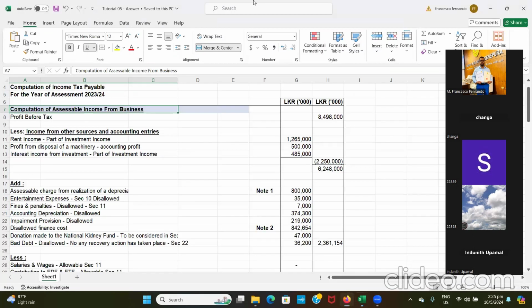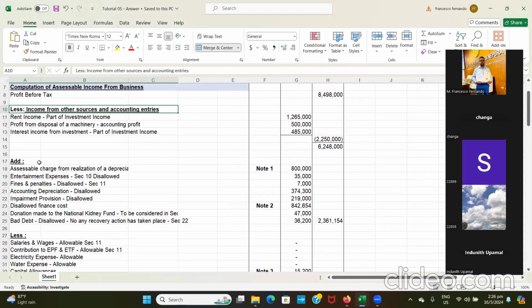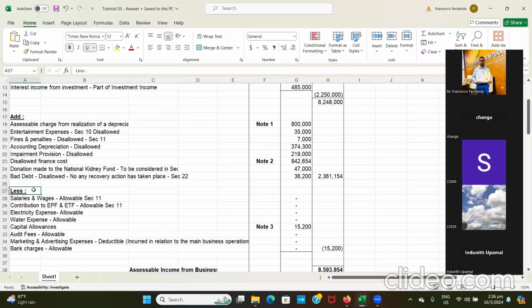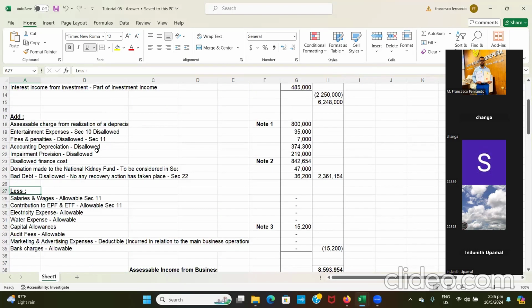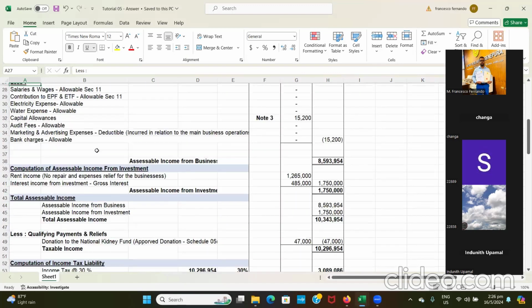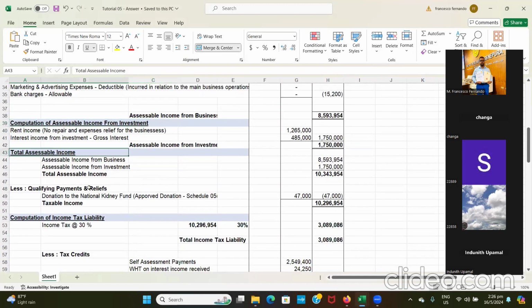8,498,000. So that is the first step where you must begin the sum, with the profit before tax. Then it's better to write these headings: Less, income from other sources and accounting entries. Keep some space and write Add. Keep some space and write Less. That is enough for the first part. Then later on, you can start filling these headings.